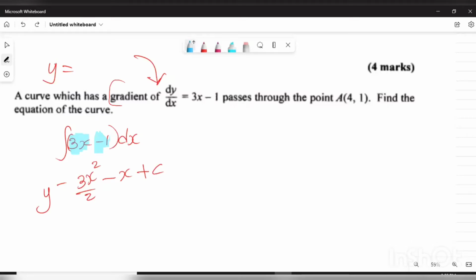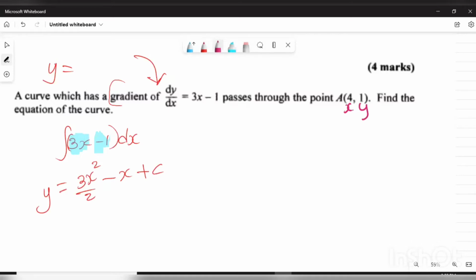What they did for us here was that we were given a point that the curve passes through. The fact that you're given a point means we are able to find a value for c, because this is x and this is y.